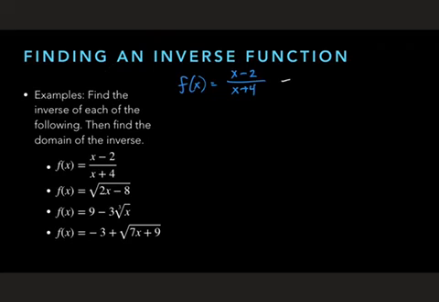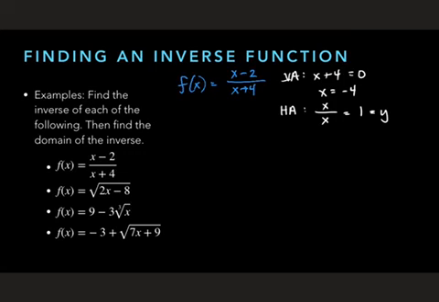You are welcome to use Desmos for this particular application, but in 5.6 we talked about asymptotes, where they come from, and how to find them. So the vertical asymptote is where x plus 4 cannot be 0, so x is negative 4. For our horizontal asymptote, we take the biggest term out of the top, the biggest term out of the bottom, and simplify that. So our horizontal asymptote is at y equals 1.